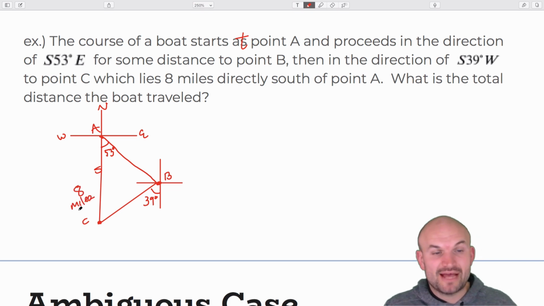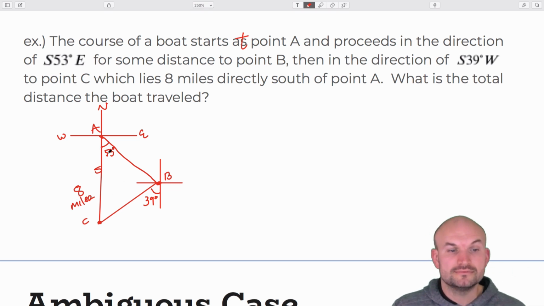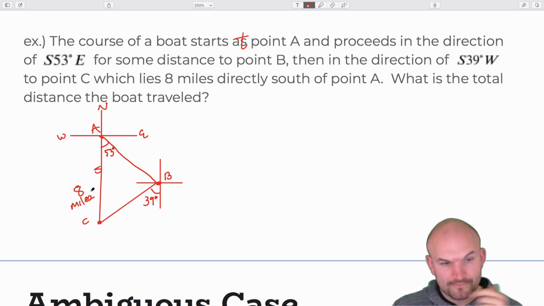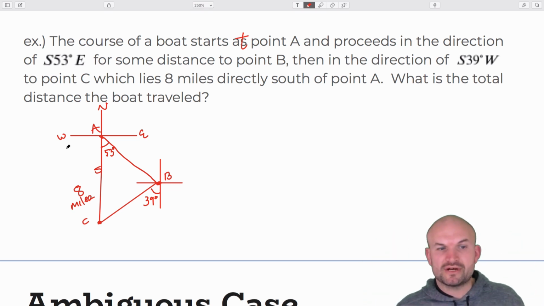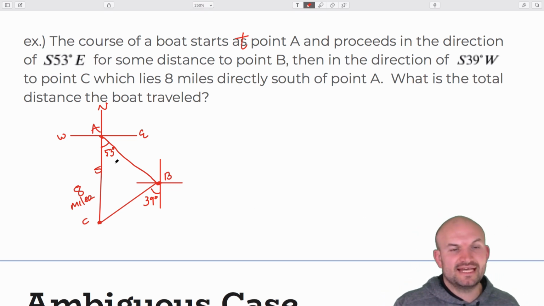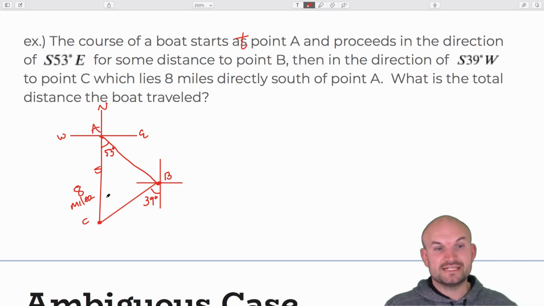All right, so again, we have an issue because we do not have a ratio. We have one angle and one side length, but we don't have a ratio. Now, the important thing is whenever you have a compass heading, those create parallel lines. North-south is parallel with north-south. So I'm going to look at my parallel line relationships.